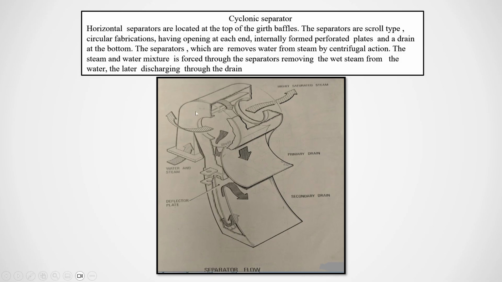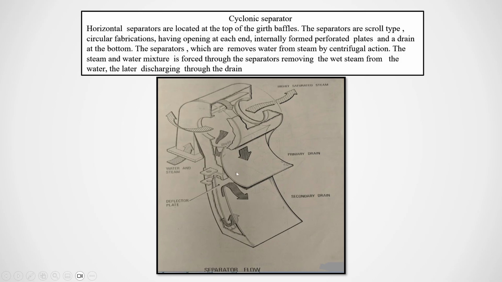And what is the purpose of the cyclonic separator? Due to high centrifugal force, in the water and steam mixture, water is heavier so it goes to the periphery and is separated, and steam is lighter so it remains at the center and comes out from the cyclonic separator. The rest of the steam goes to the second part, where there is also a change of direction, the water is separated and the steam comes out.